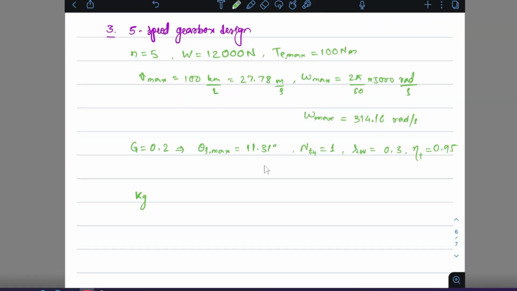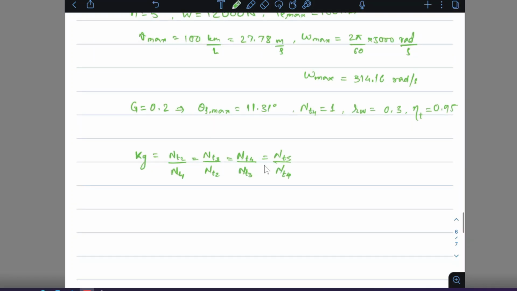We have defined kg as NT2 over NT1. These are in geometric progression.